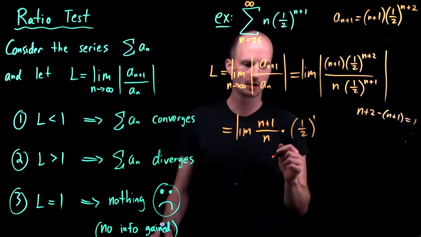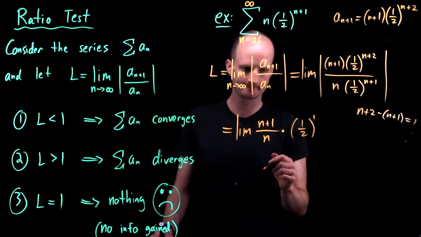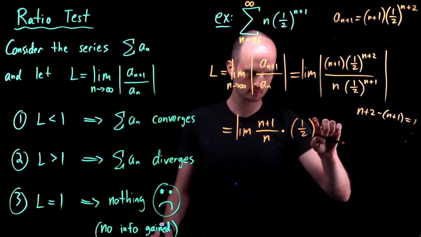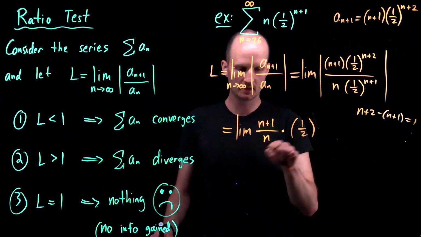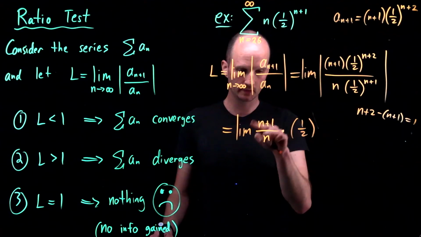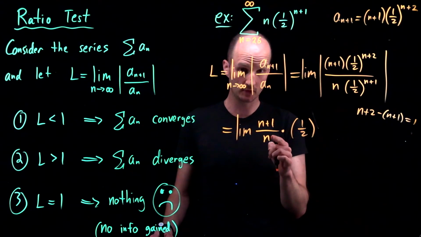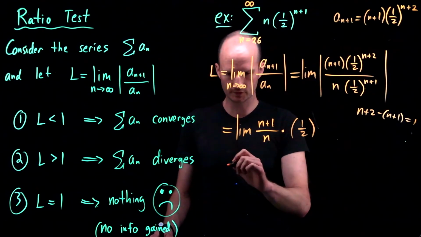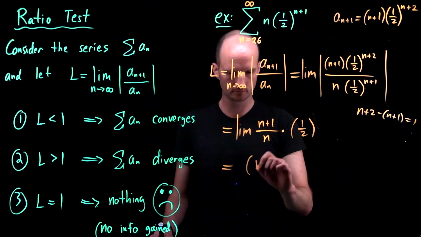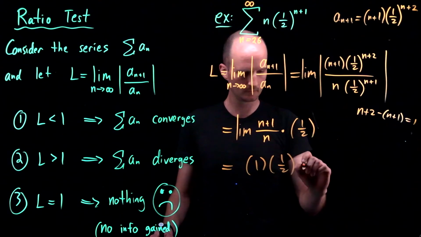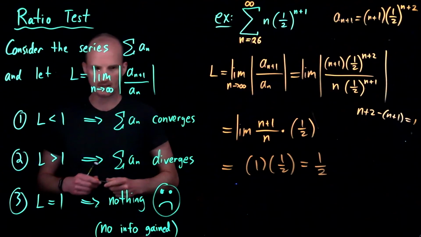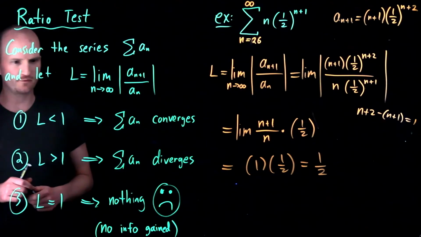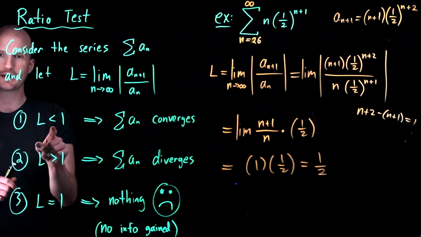Now I can perform the limit. The half is simple. This expression is just going to 1. Again, you imagine 1,000,000 plus 1 divided by 1,000,000. It's very close to 1 and getting closer. So I get just half for this. Then I go back to my ratio test and I say that I am falling into this category here.